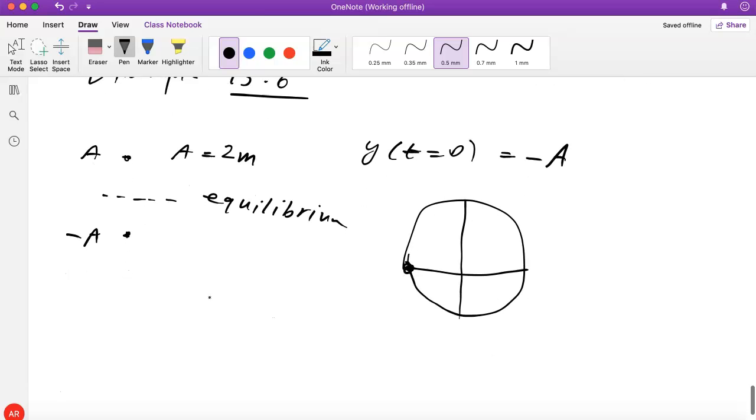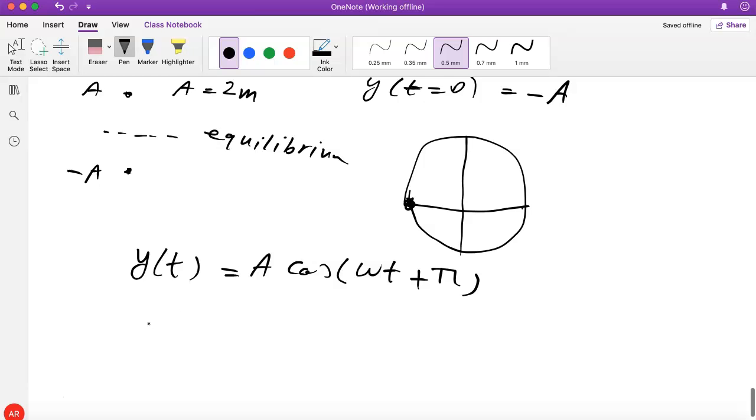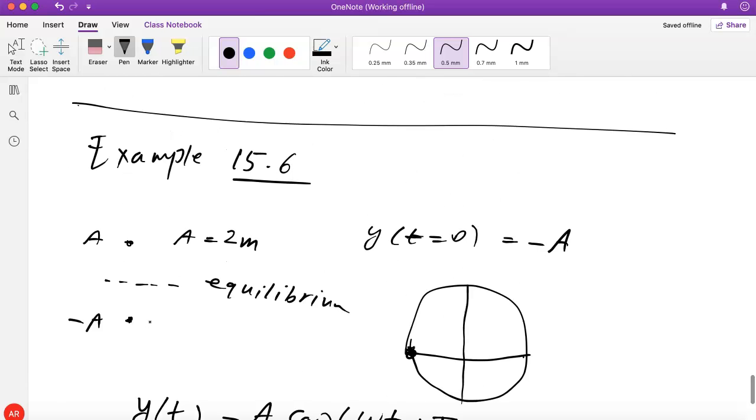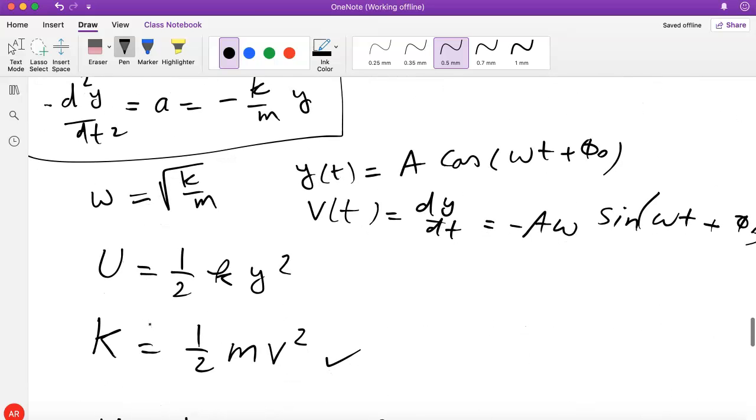So I can write y of t to be A cosine of omega t plus pi, right? From here to here I have an angle pi. All right. And what is omega? We know omega squared is k over m, right?